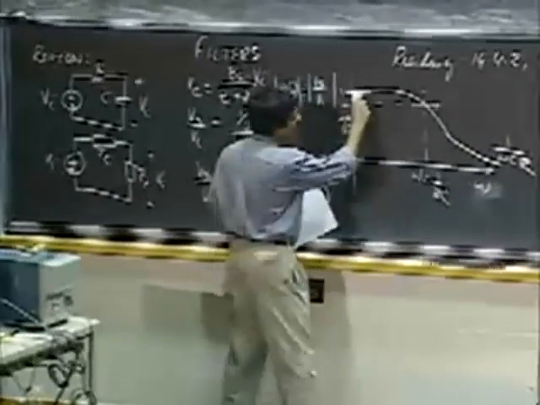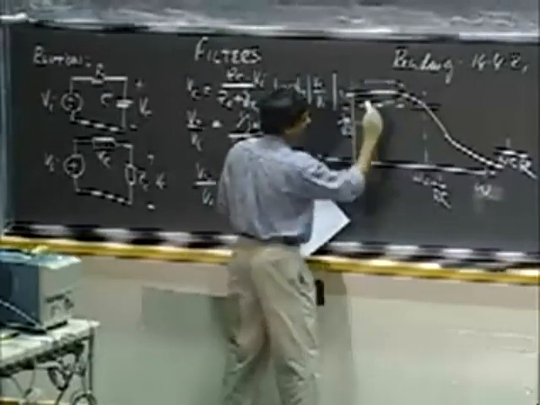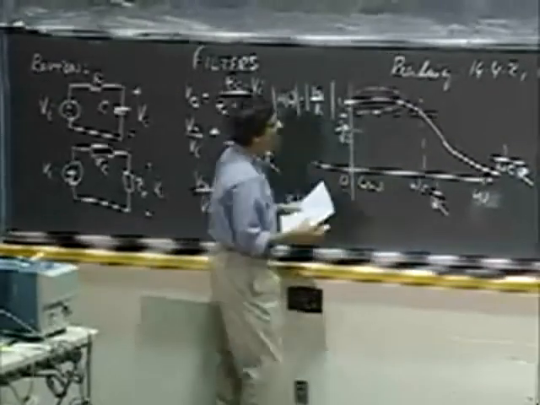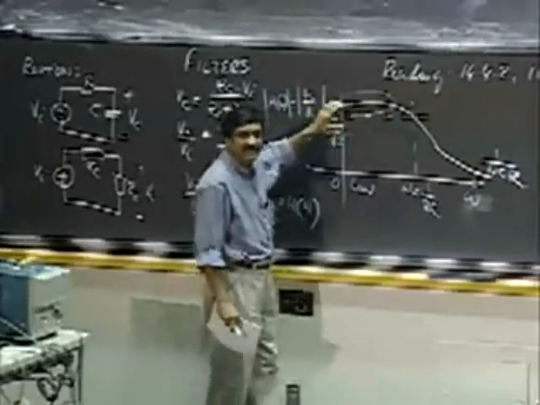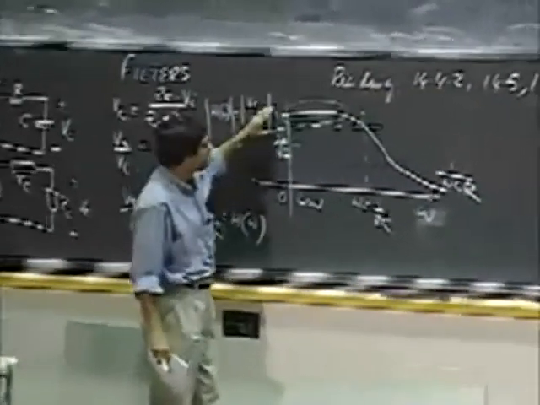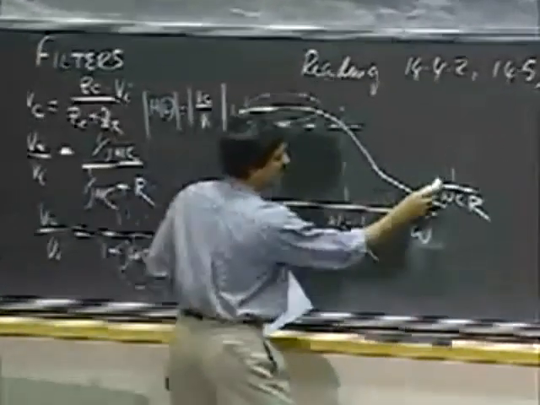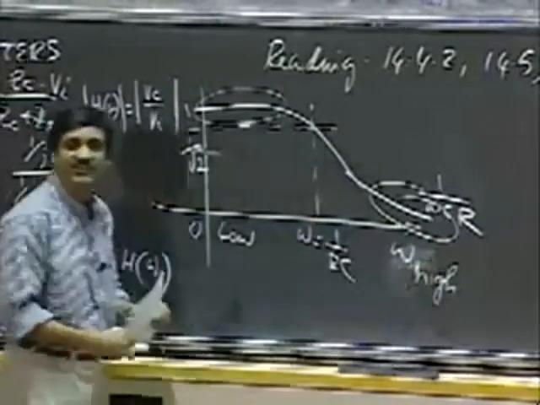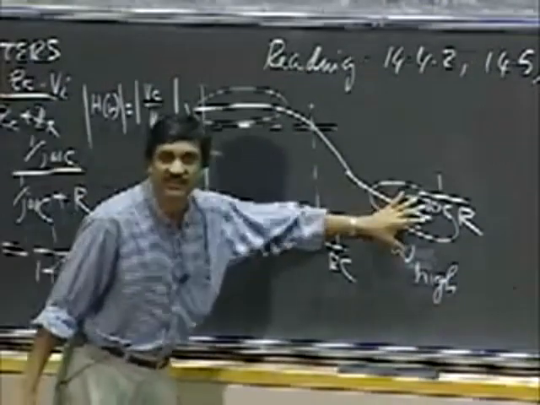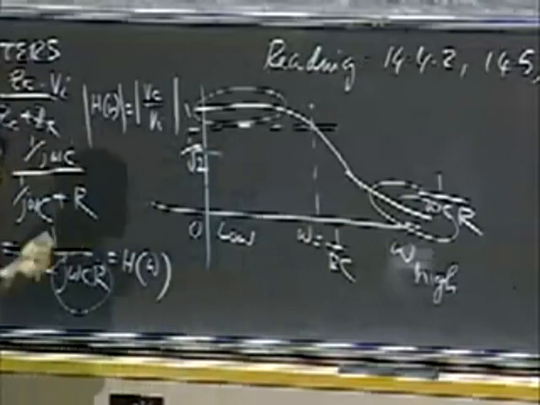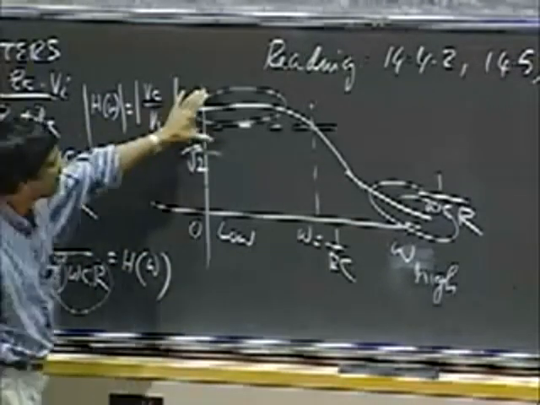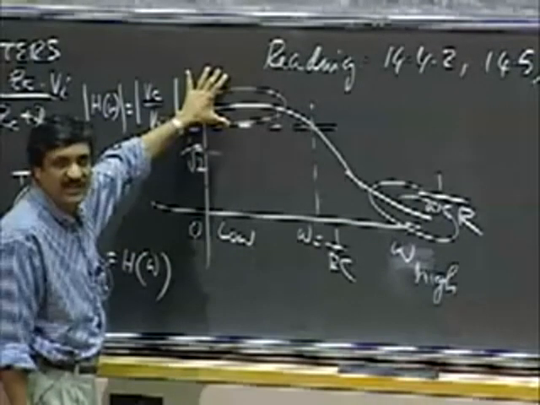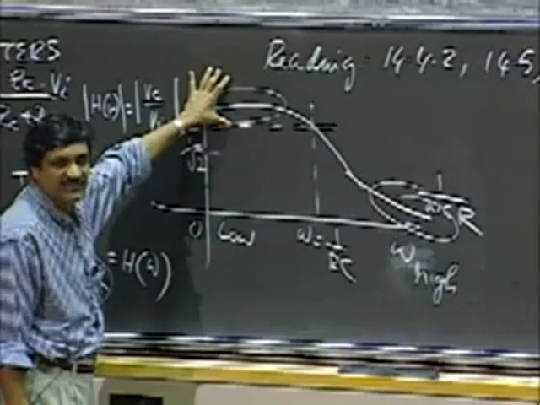Okay, so this graph says that I'm going to pass low frequencies without any attenuation, but I'm going to clobber high frequencies and give you a very low amplitude signal at the output, but pass through almost without attenuation the input at low frequencies.